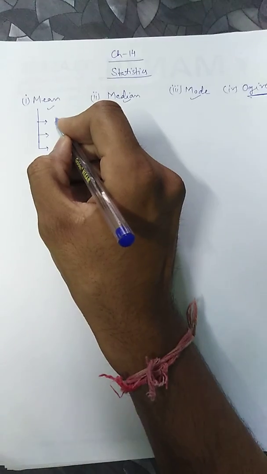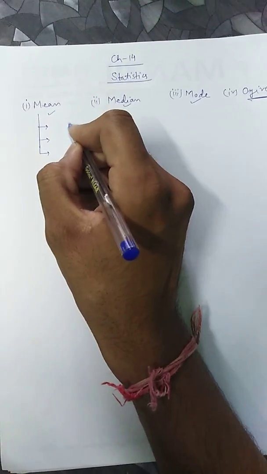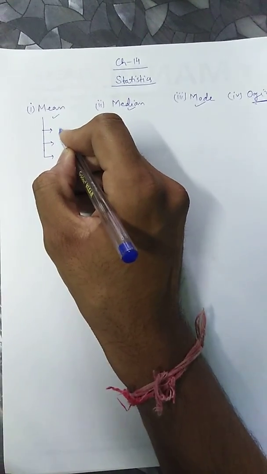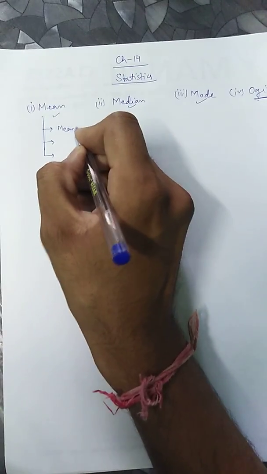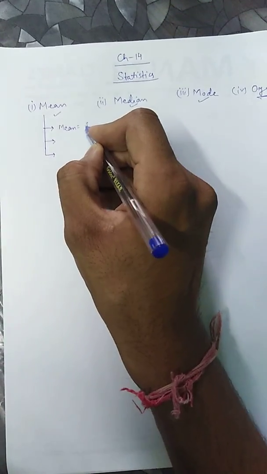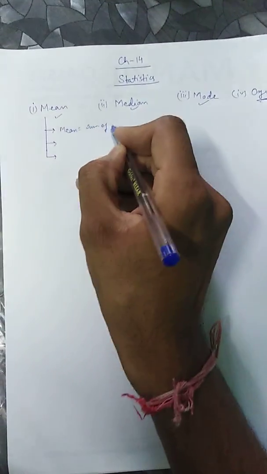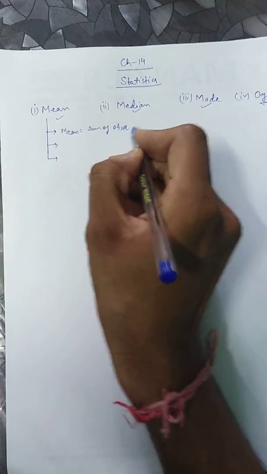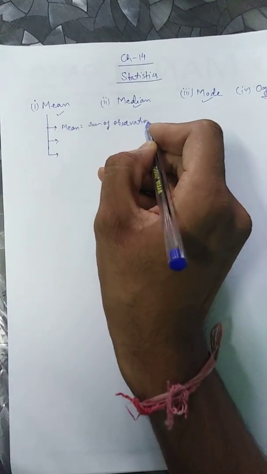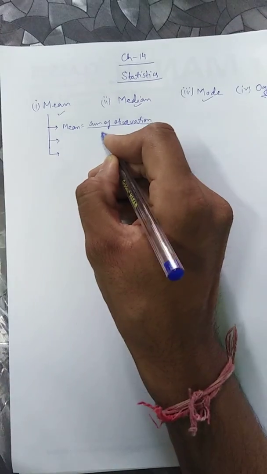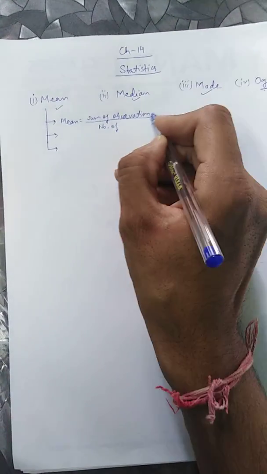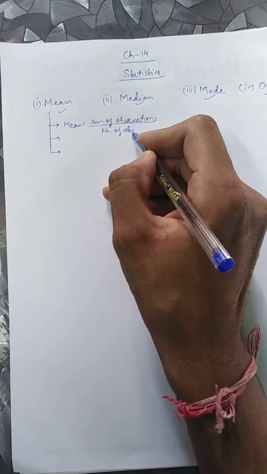Earlier we have studied one of the methods of mean, saying mean is equal to sum of observations upon number of observations.